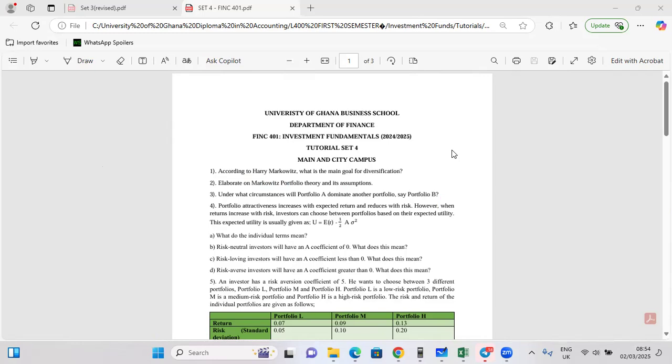The second point is efficient markets. This goes back to business finance, where we did the efficient market hypothesis, right?